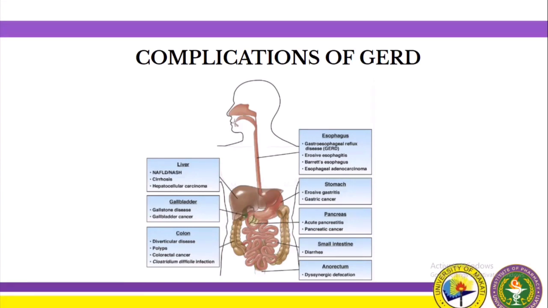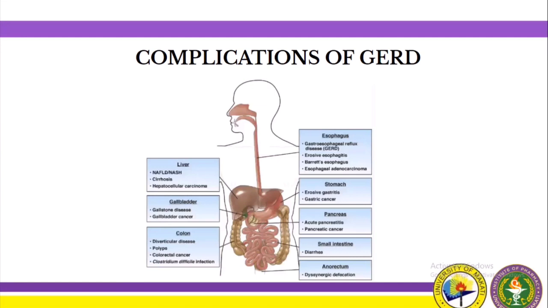While Barrett's esophagus is damage from acid that causes changes in the tissue lining the lower esophagus. And these changes are associated with an increased risk of esophageal cancer. After Barrett's esophagus, it can lead to esophageal adenocarcinoma.